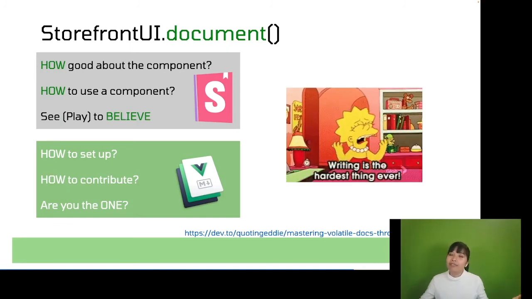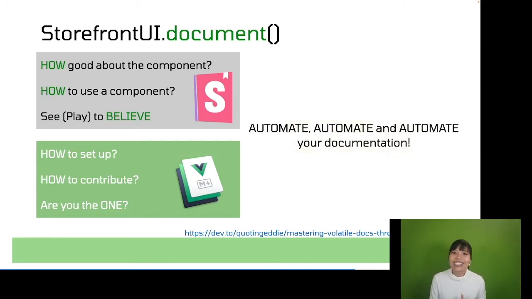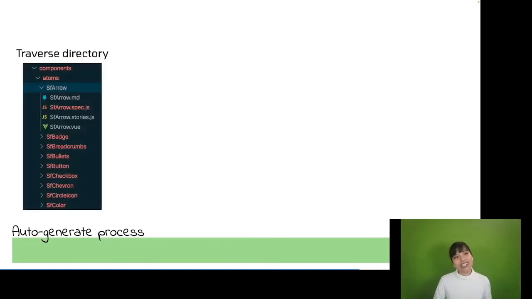And lastly, that's just an infrastructure tool, but the main thing is the content. Writing is hard. For that, we automate. We don't want to keep repeating ourselves in every place in the documentation.